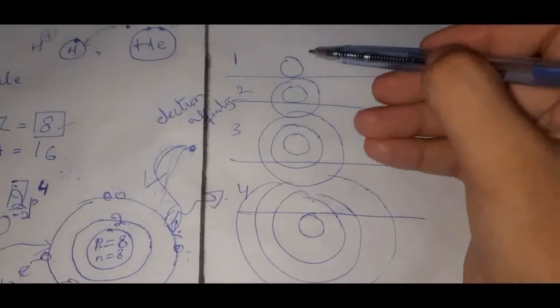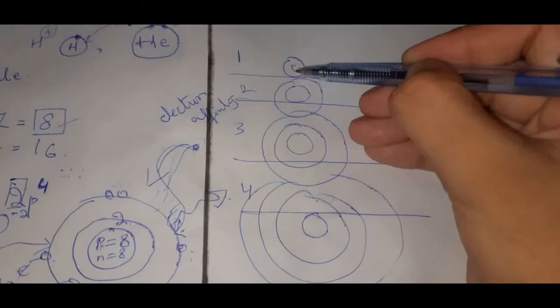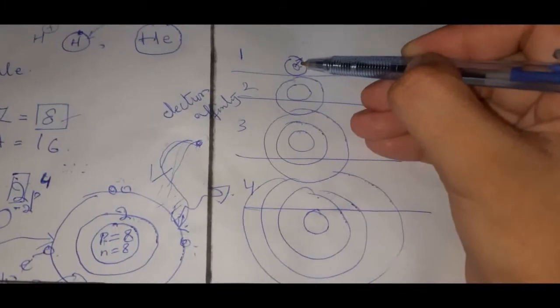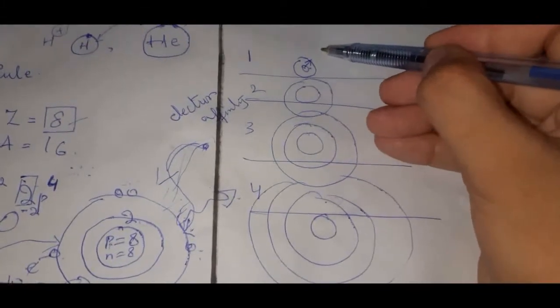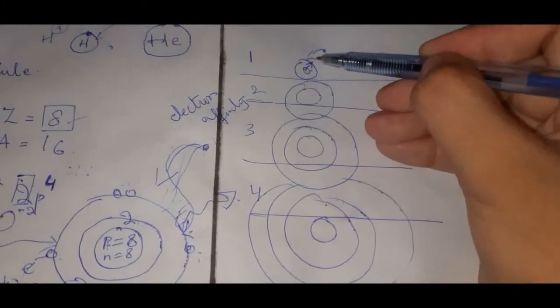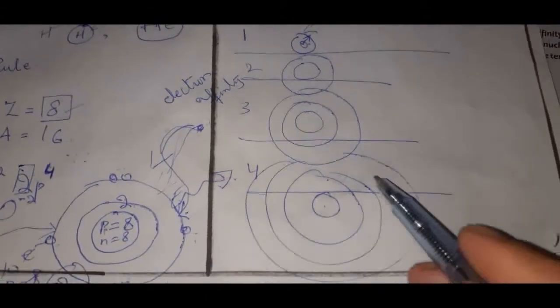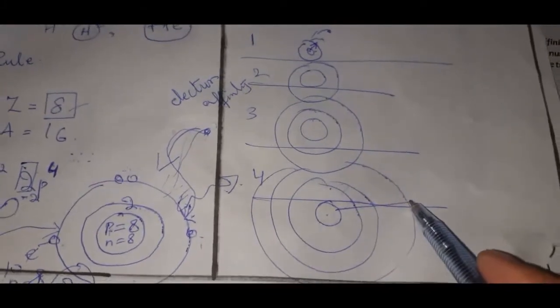Now look here. In this case, where there is only 1 shell, the nucleus has more effect over here. The nucleus has more attracting power. So wherever it finds an electron, it will just capture it towards itself. Whereas in this case, the nuclear charge over the valence shell is very less because of more distance, right?